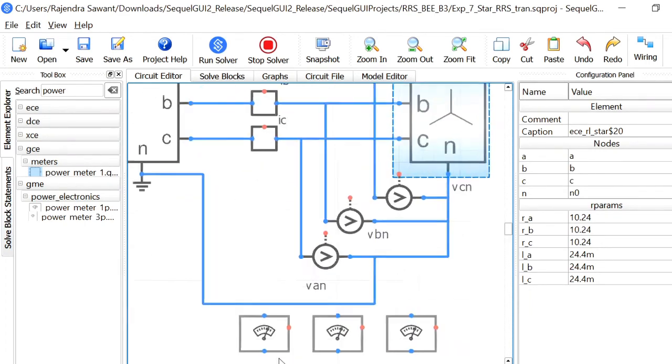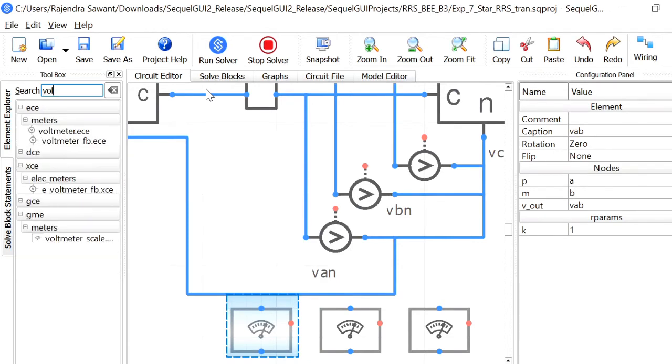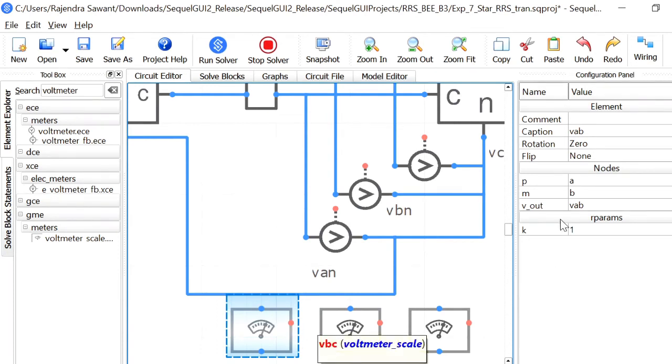This is essentially a meter which is called voltmeter_scale, and we can find voltmeter_scale from the GME. Here there are two nodes which are electrical nodes, but one is the general node, so this we can configure.